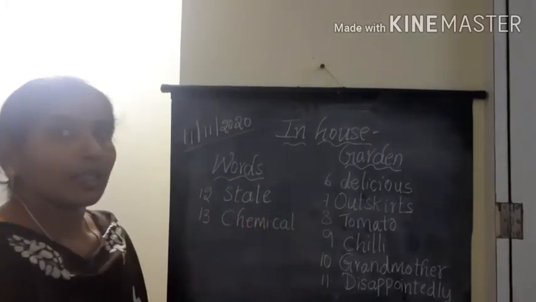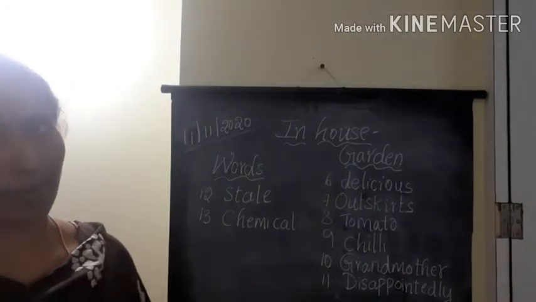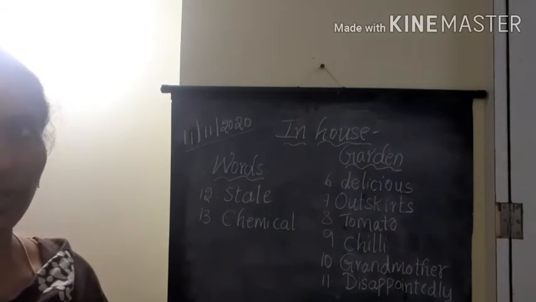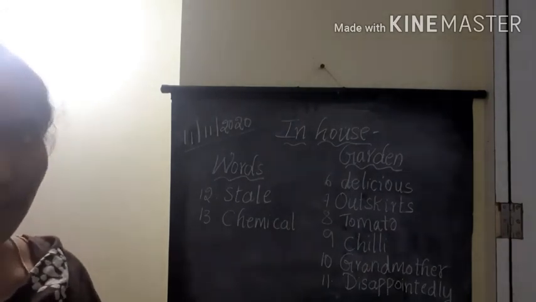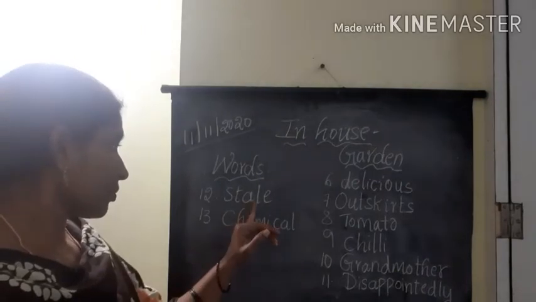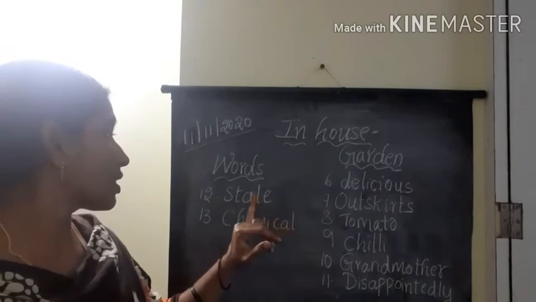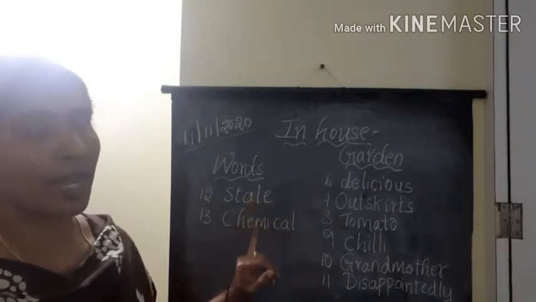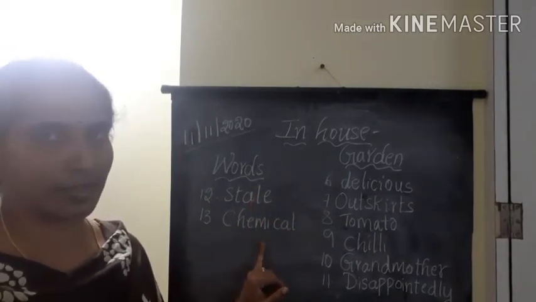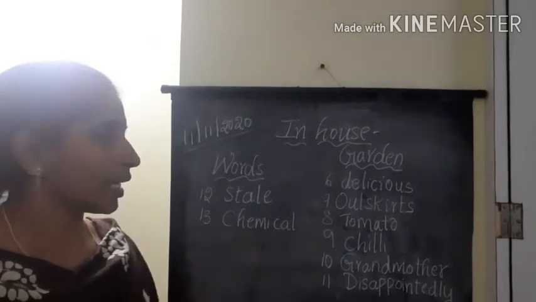Chemical means the medicines which we give plants to grow. Yes, children, the vegetables in the market are smelling stale and chemical.